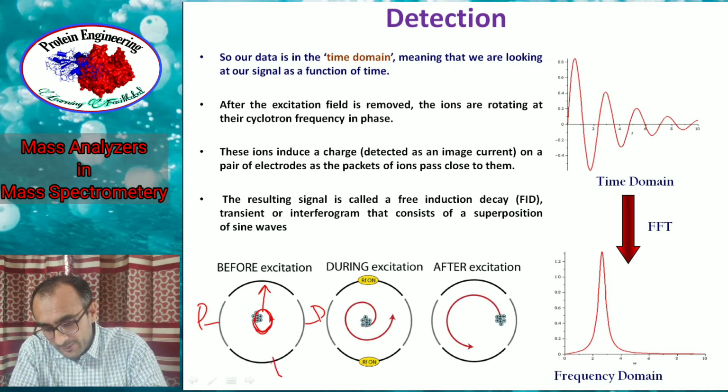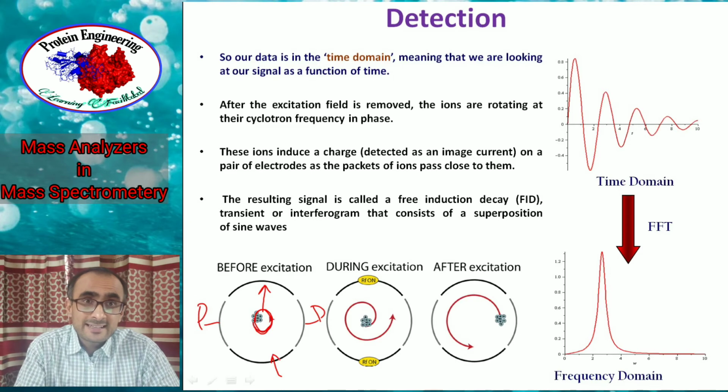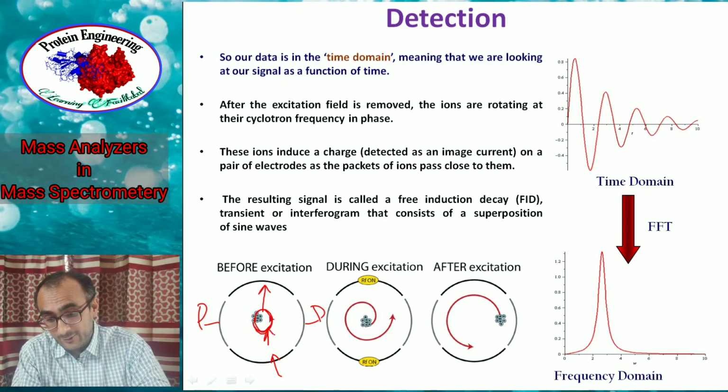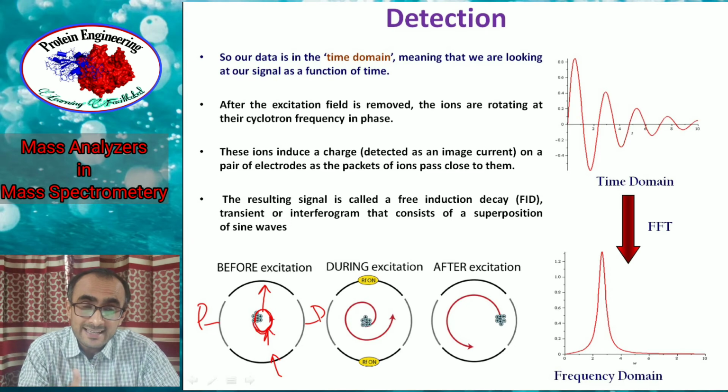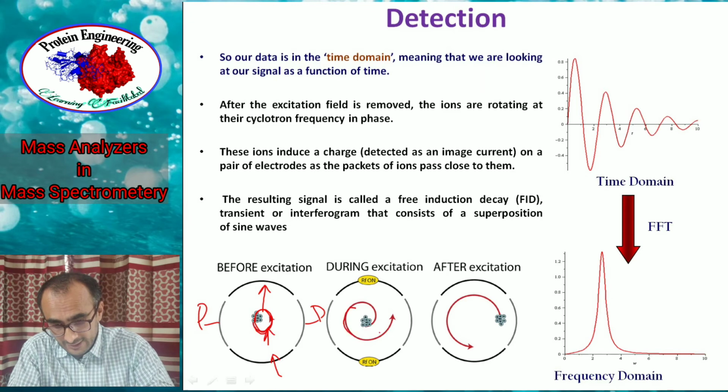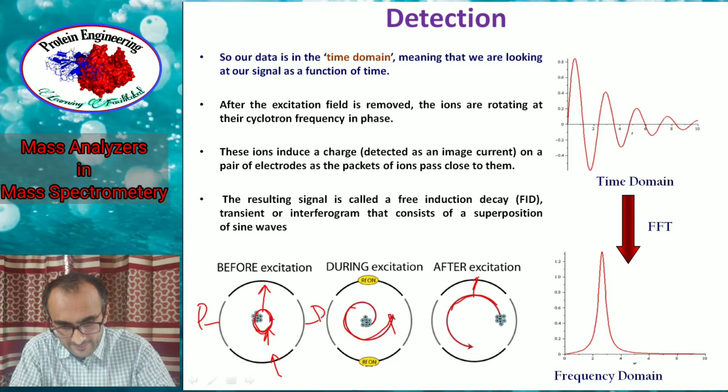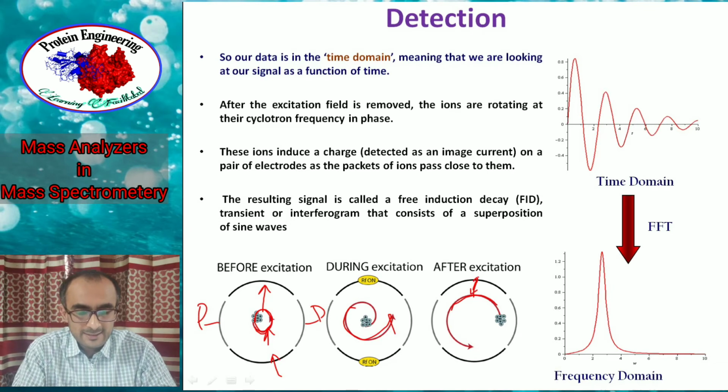If a radio frequency pulse is given from outside, these ions get excited, and that depends on their cyclotron frequency. When the RF frequency is in resonance with the cyclotron frequency of these ions, they absorb the RF energy and get excited. As a result, they start orbiting in a larger circle, for example here, and eventually they come close to the detector plate. And when they come close to a detector plate, the change in current is measured with respect to time.